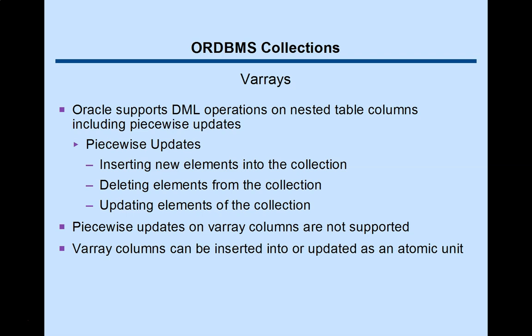These values are logically contained within the row representing the one in that same relationship. The objective of this video was to give you an overview of the collection types supported in an object-relational database, and specifically those supported within the Oracle database.